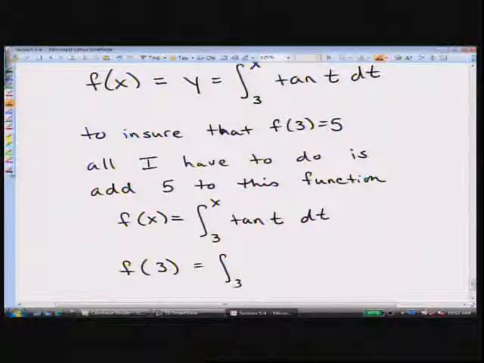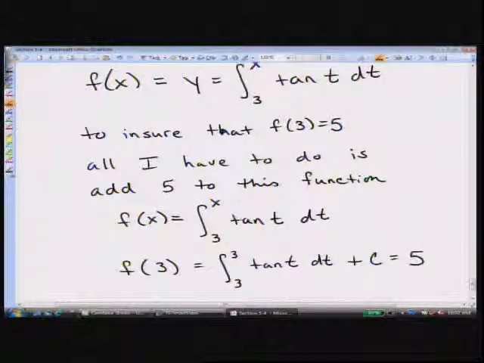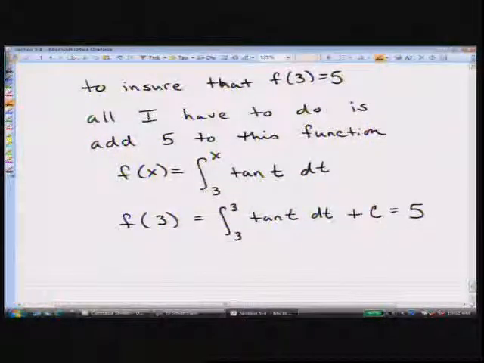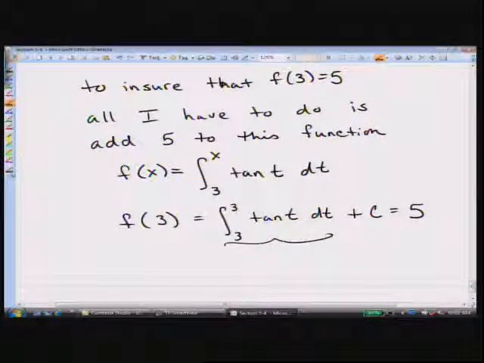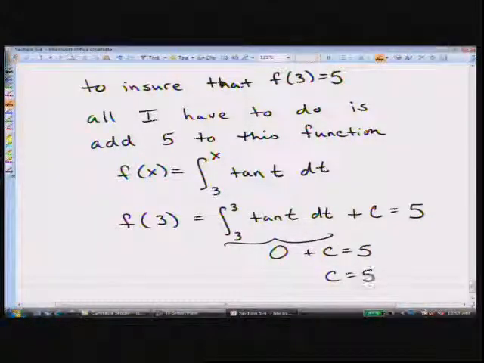I'm going to go from 3 to 3 of the tangent of t dt, right? And then this is plus some c, which has to equal 5, right? Because this is always plus some constant. So this has to be true. Well, what is the integral from 3 to 3 of tan t dt? 0. Plus c has to equal 5. So I see then that c just has to be 5.